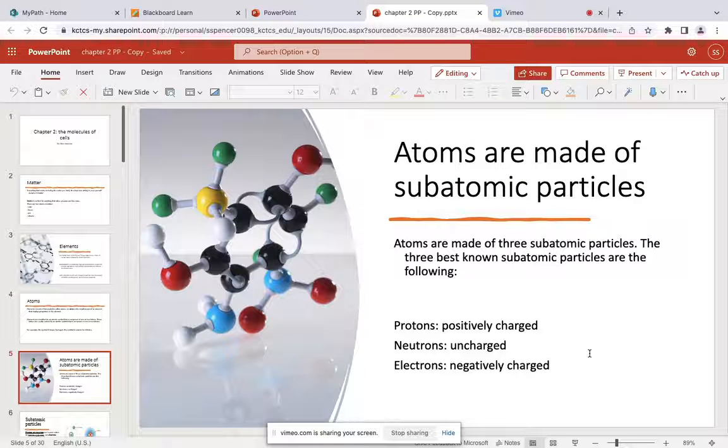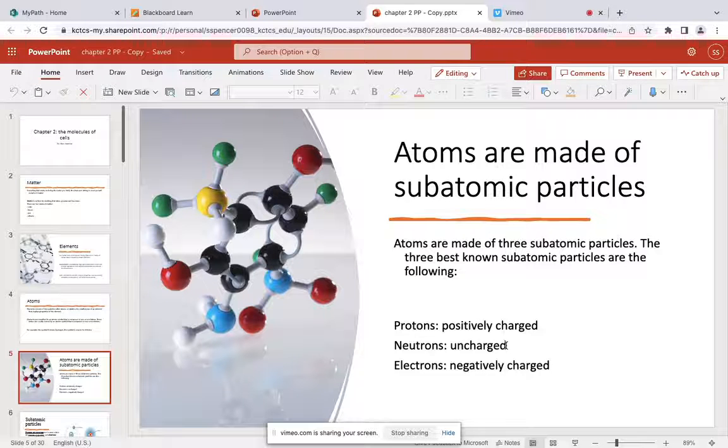This slide's very important. So each atom is made up of 3 subatomic particles. And these subatomic particles are protons, neutrons, and electrons. They each have their own electrical charge. So protons, P for positive. Neutrons are neutral, so that means they're uncharged.